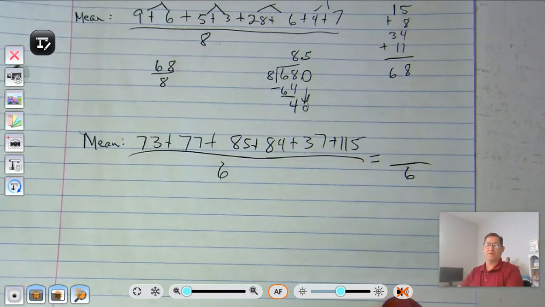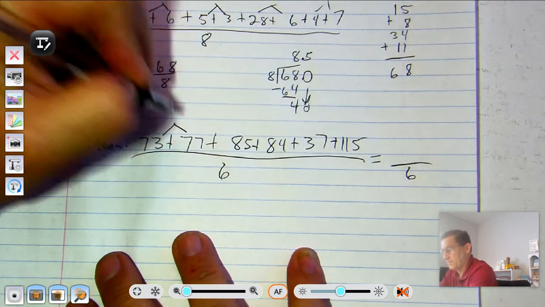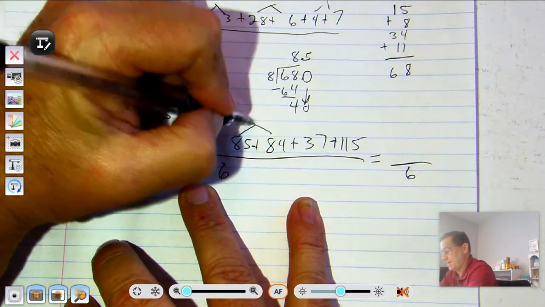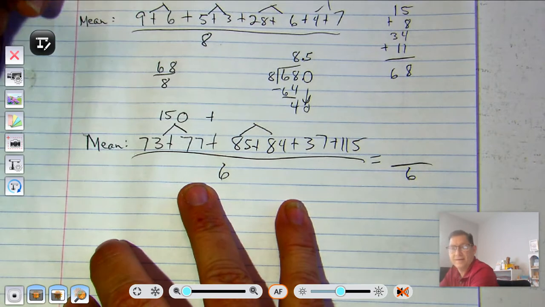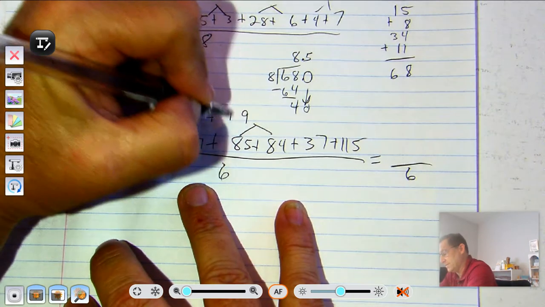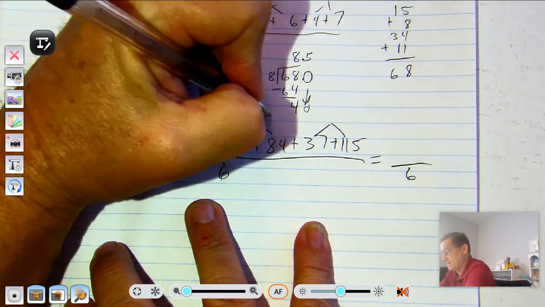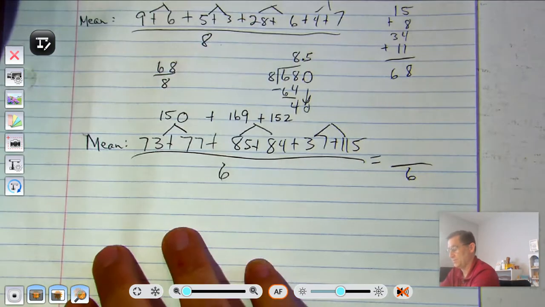So 73 and 77 is 150. 85 and 84 is 169. And 37 and 115 is 152.